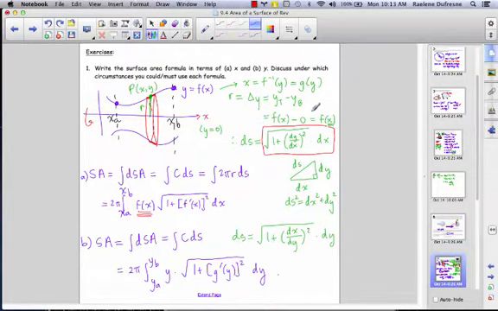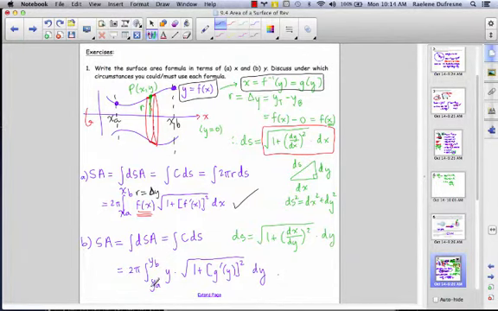So the difference here is we have to be really clear on the algebra. If we can write the blue equation in terms of y, isolating for y in terms of x, then we can integrate with respect to x. And then this radius, which is a change in y, or a change in height, from the horizontal axis of revolution, would be f of x minus 0. However, if we cannot isolate for y, and we can only isolate for x, then we have to use an integral in terms of y.